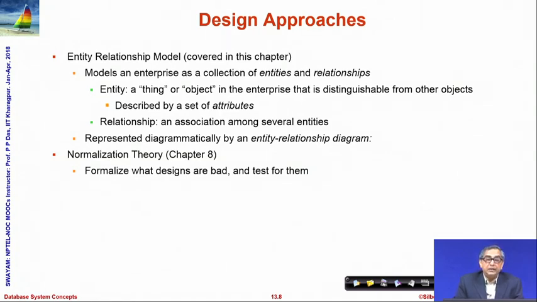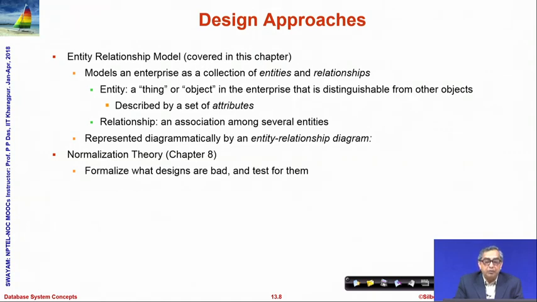Normalization is nothing but refinement of the design, which improves a design to make it better in terms of correctness, in terms of ease of manipulation, performance and so on. So, it basically removes bad designs from the database and converts them into good designs.